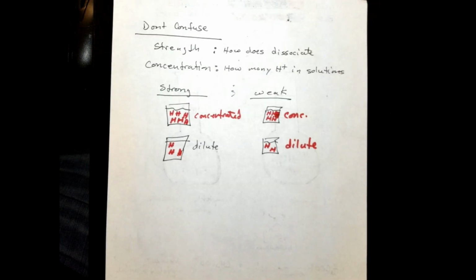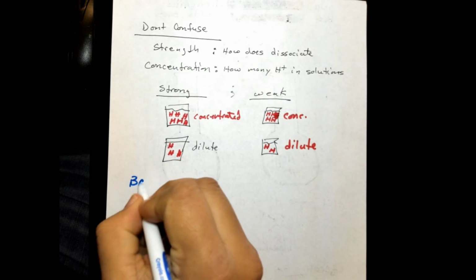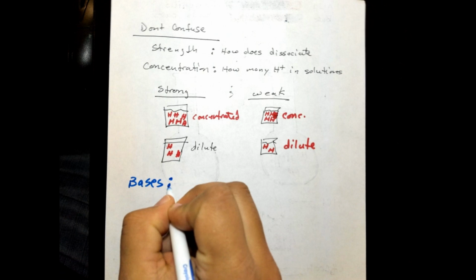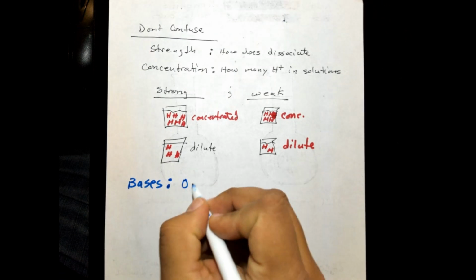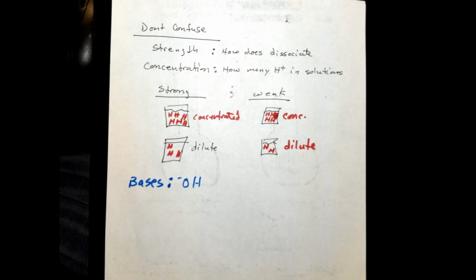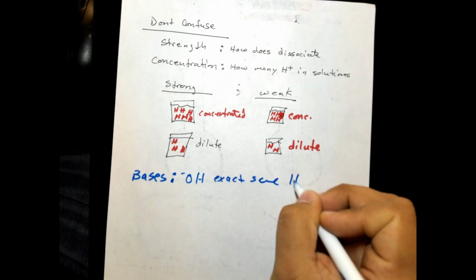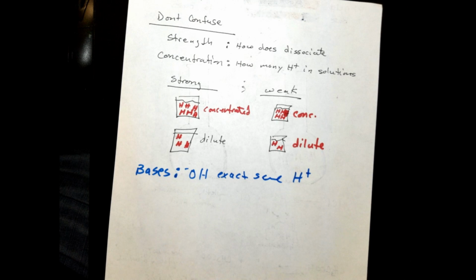Let's talk about bases real quick. Remember I said, according to Arrhenius, bases put hydroxides into solution. Everything I just said about acids is the exact same as H+, but instead of H+, we're talking about hydroxides.